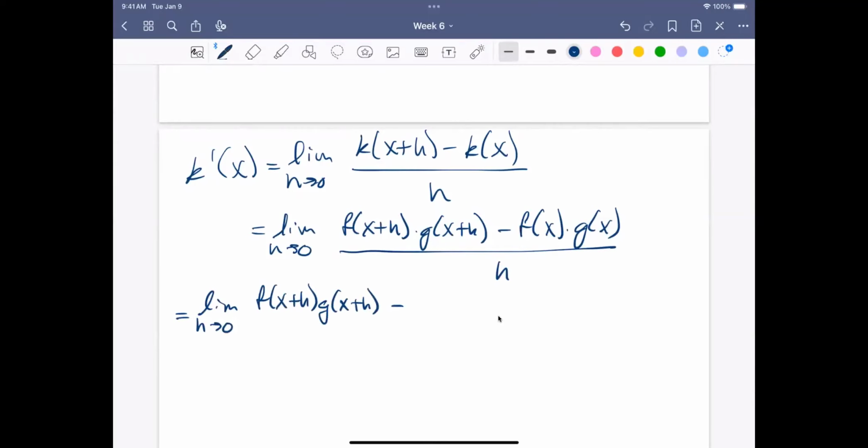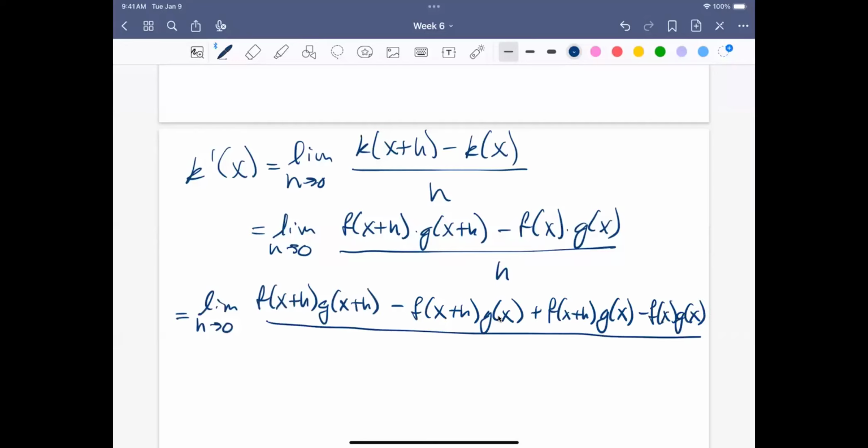The funny 0 I'm going to add is minus f of x plus h times g of x plus f of x plus h times g of x. And I still have my minus f of x, g of x, all over h. These two terms I've added in the middle are actually just equal to 0, so I haven't changed the value. I've just added a 0.